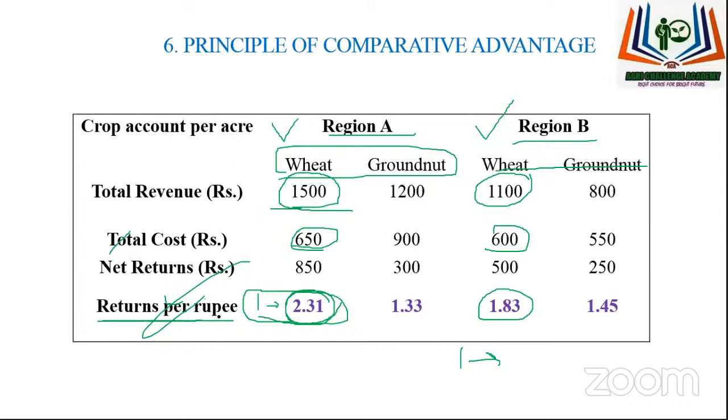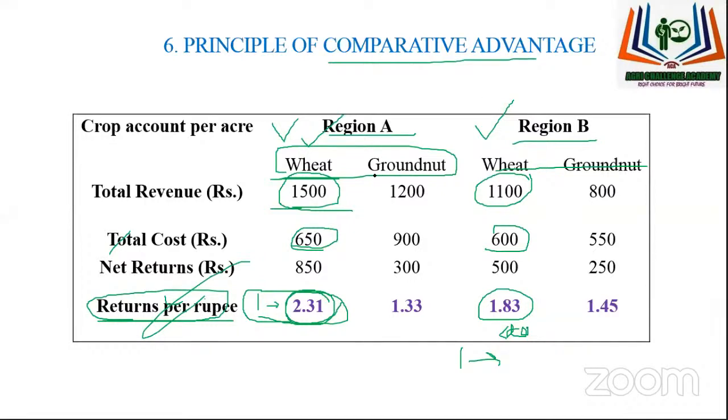How much return comes from each rupee? Here wheat production gives 2.31, there just 1.83, not double. So comparing region A and region B, wheat production in region A has a comparative advantage.